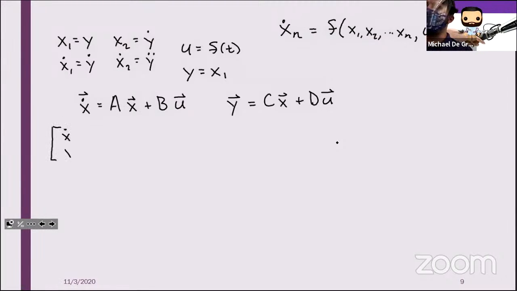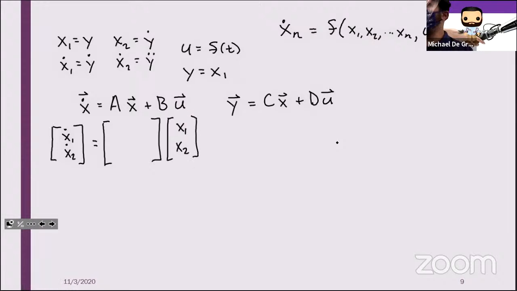This vector x dot is just x dot 1 and x dot 2. X dot 1 is going to equal some matrix times my state vector, x1 and x2. In this case, I've only got one input, so I'm just going to call it u by itself, and some matrix times u.